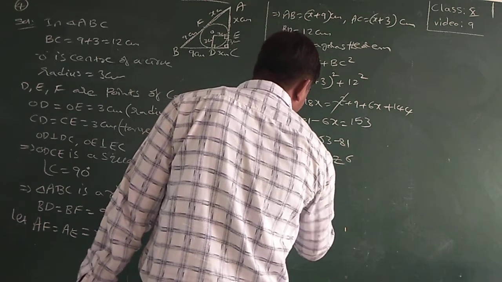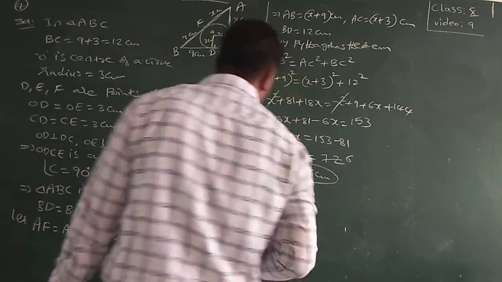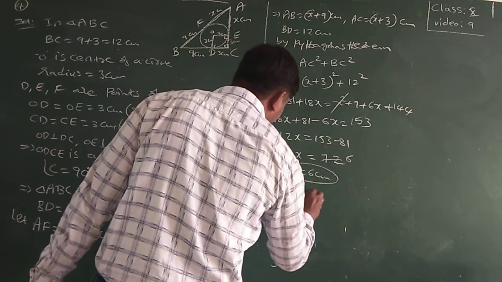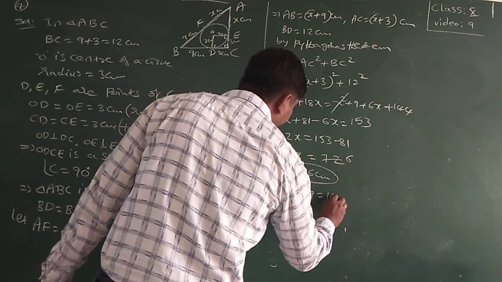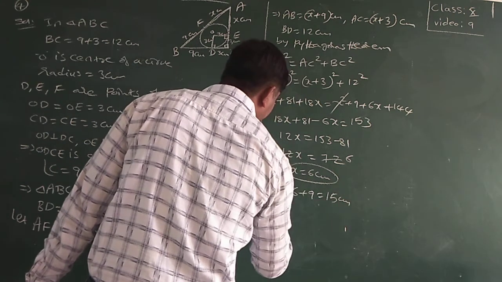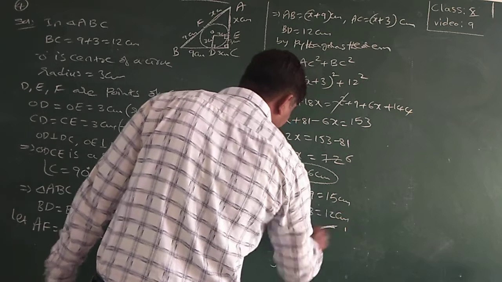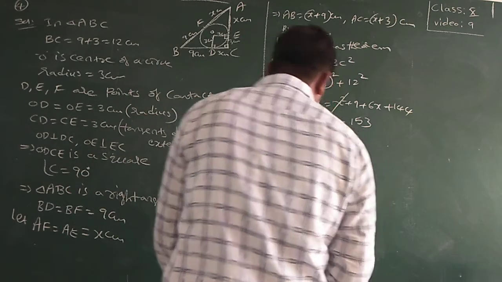X is equal to 6 centimeters. X is 6 centimeters means AB is equal to 6 plus 9, which is 15 centimeters. AC is equal to 6 plus 3, which is 9 centimeters. These are the required sides.